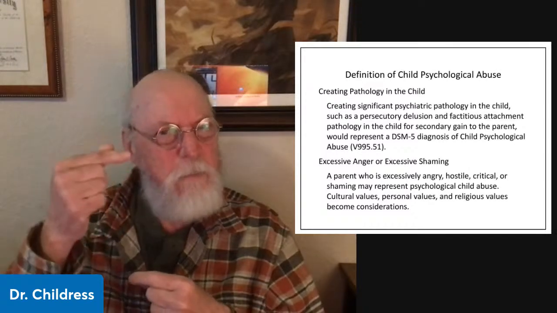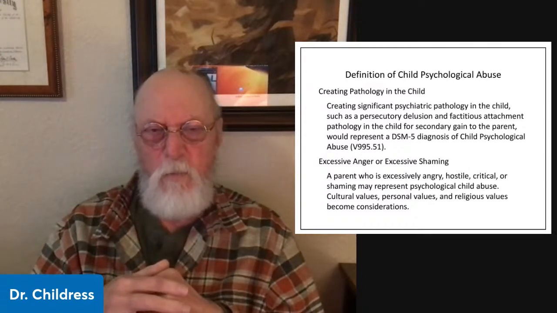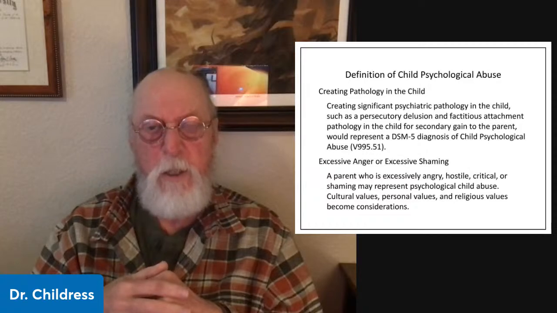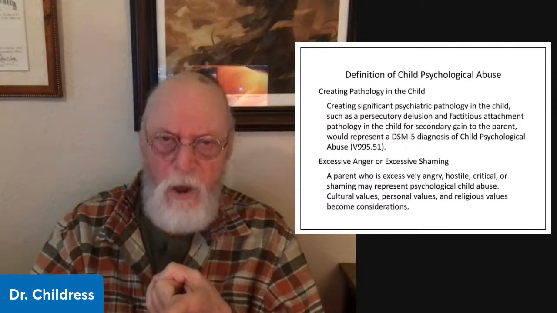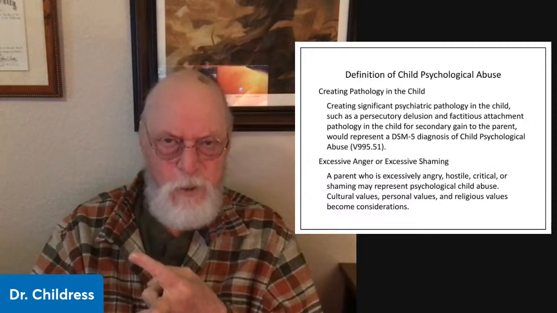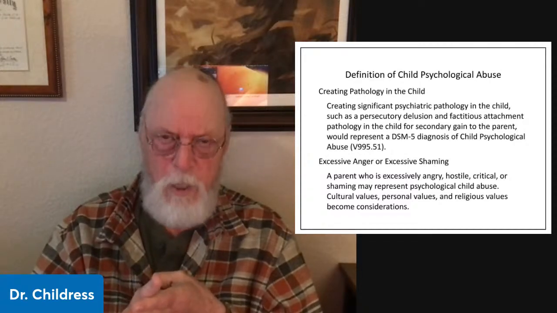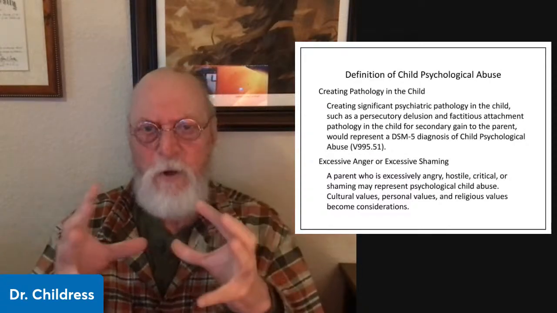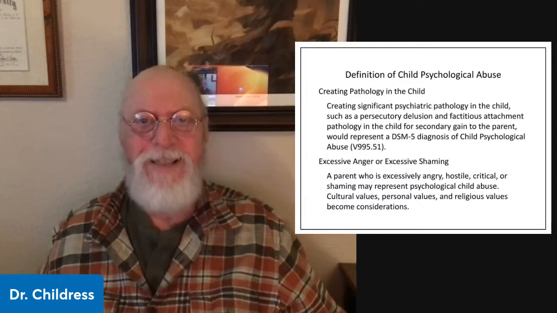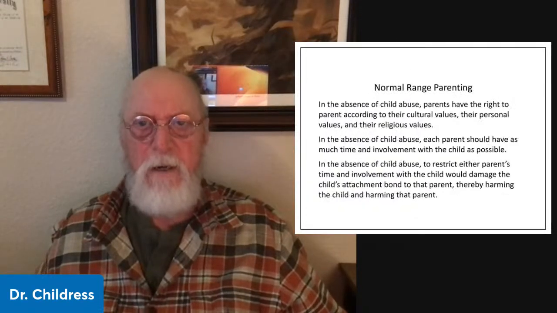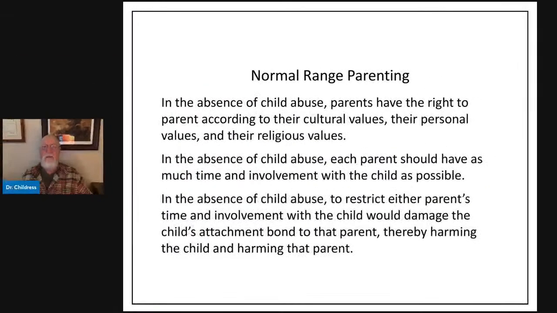Whether or not it's abuse and reaches that level is a more cautious consideration. However, if we have a delusional thought disorder and a factitious disorder, those are clearly child abuse, which is why I anchor in that first definition. I anchor everything in the DSM-5. We need to get a DSM-5 diagnosis off of this situation.